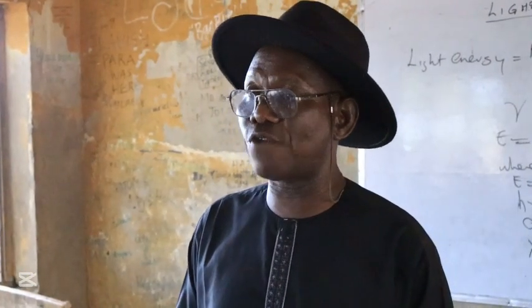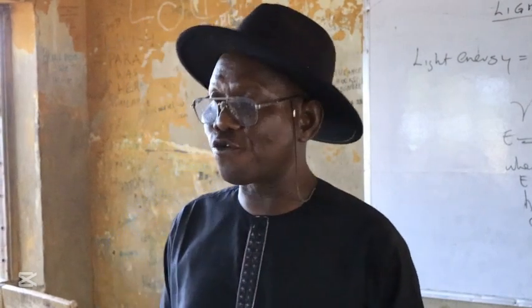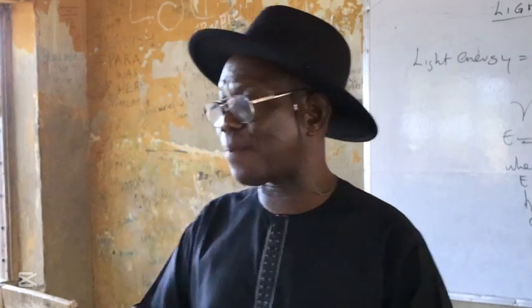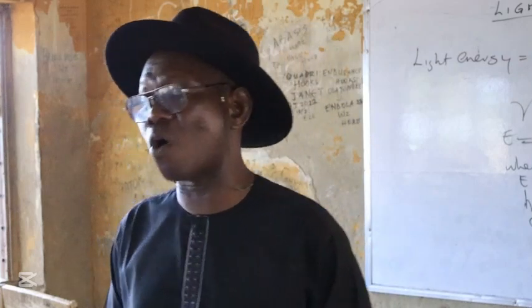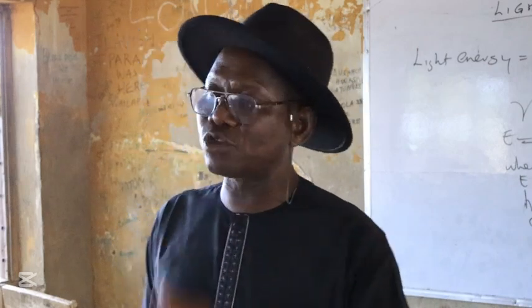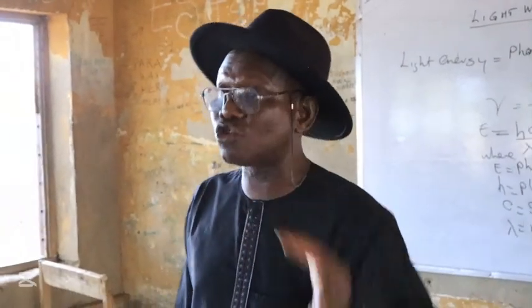Now, when you have a collection of rays of light, we call it a beam of light. Don't forget, we say a ray is the path taken by light waves. When you talk about a collection, that means it's more than one, even more than two.